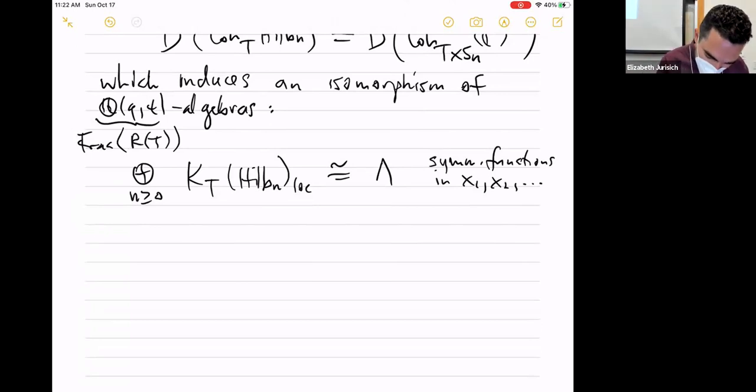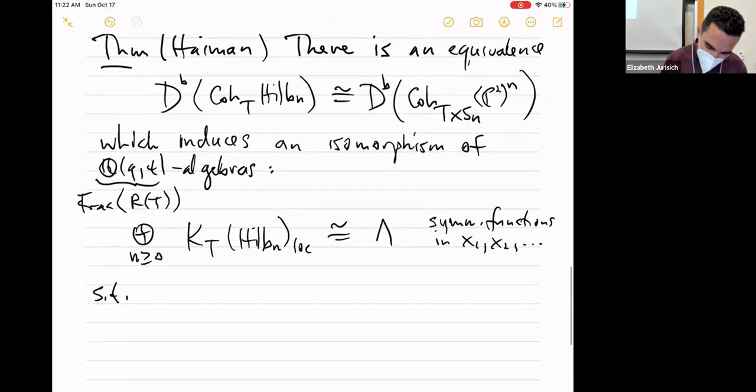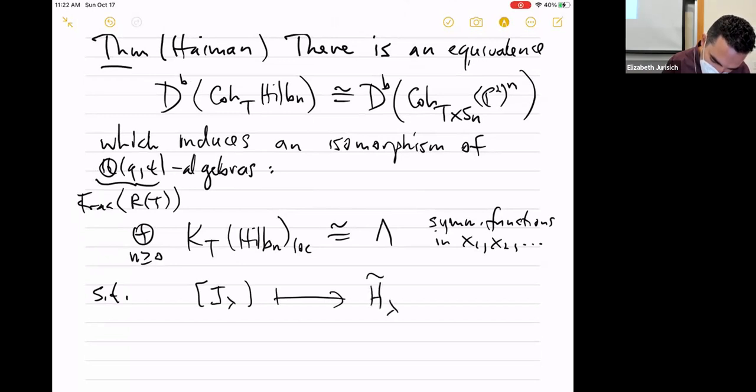But this isomorphism that you get from Haiman's equivalence sends the fixed point class to something called H tilde lambda. And this is a cousin of the P lambda. So this is a modified Macdonald polynomial.